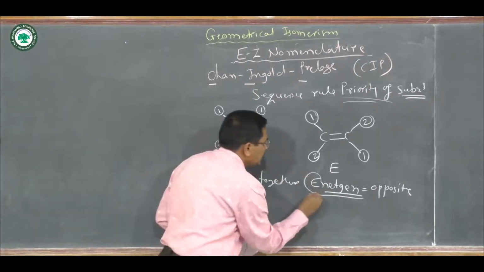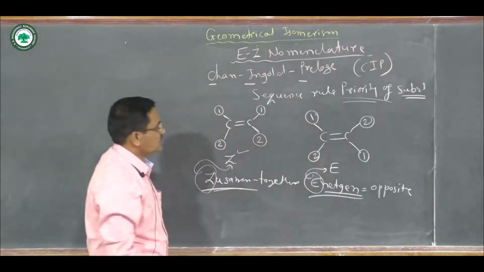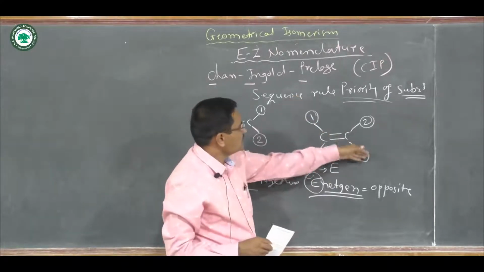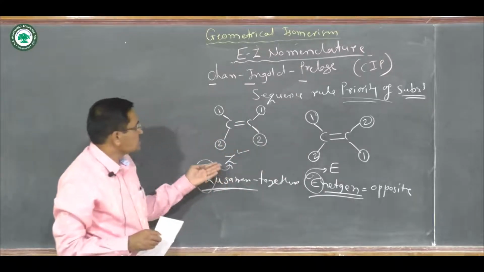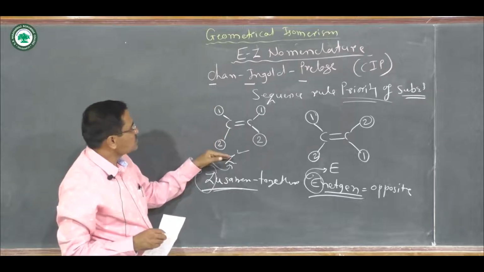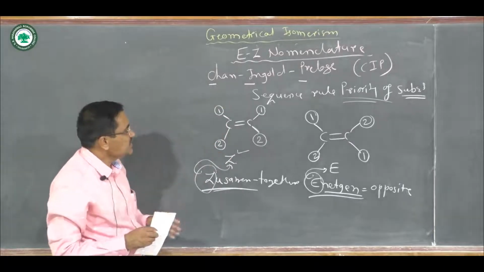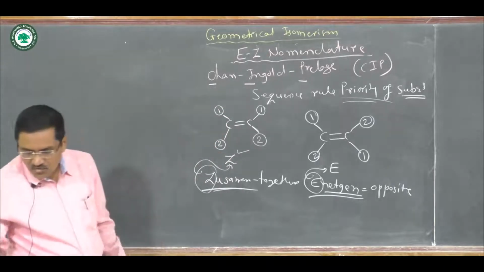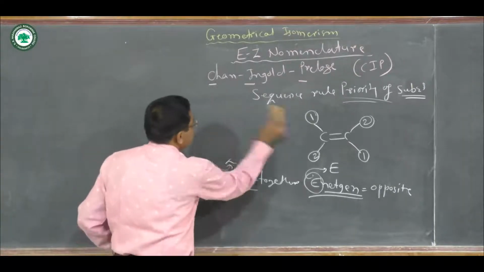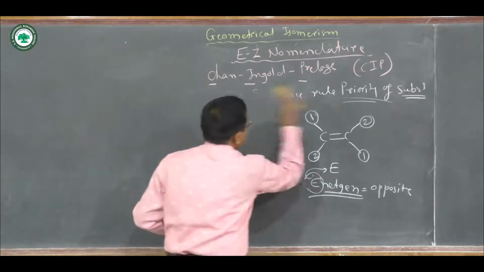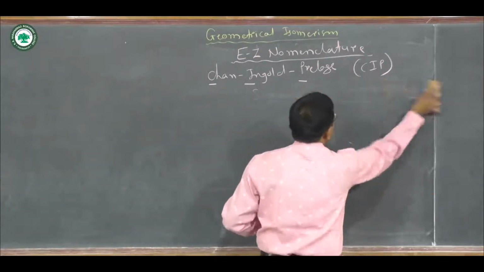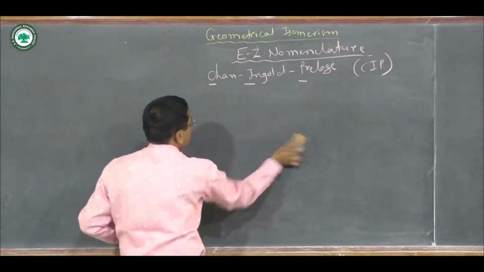So in case of E, the higher priority groups are on opposite sides, but in case of Z, the higher priority groups are on the same side, and so are the lower priority groups. For finding the priority of these substituents, the CIP rules are very important, and now we will discuss the priority rules.